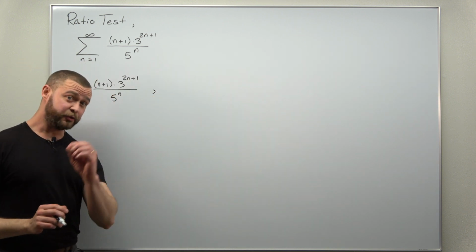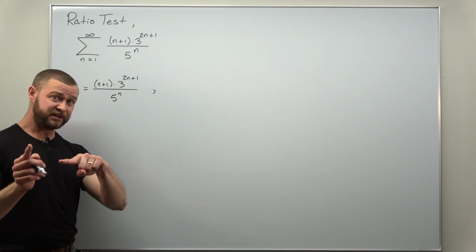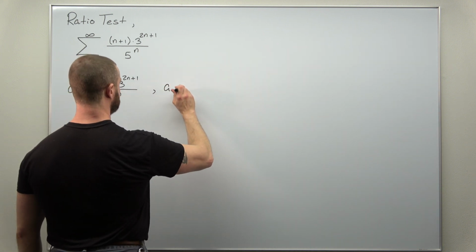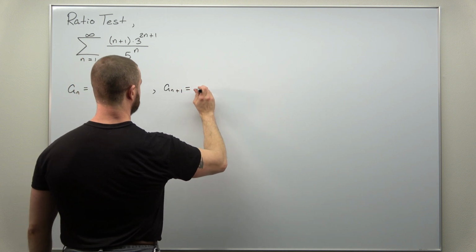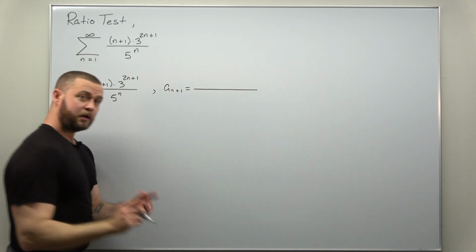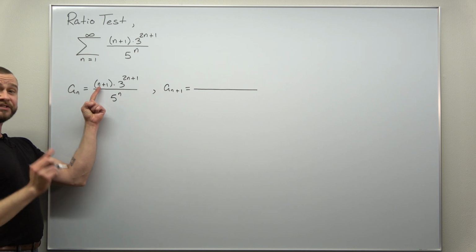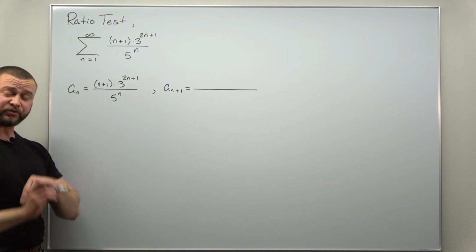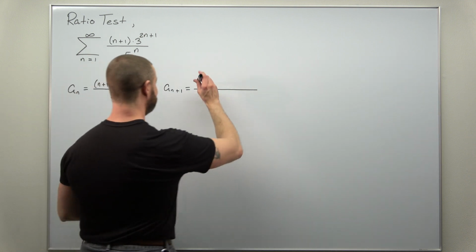All right, we know what to do from here. We're going to increment, replace all n's with n plus 1. And first, let's deal with the part in parentheses. Replacing n with n plus 1, we'll get n plus 1 plus 1. We can simplify that to n plus 2.